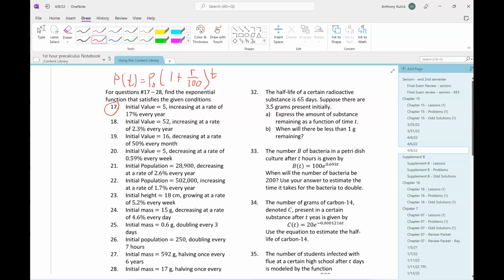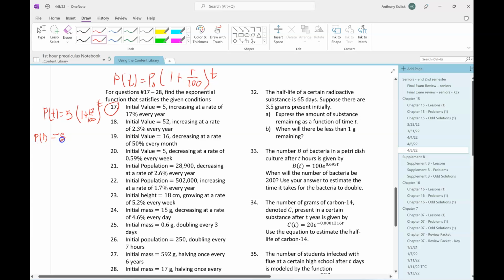Remember that P naught is the initial value, so that's going to be 5. R is the rate of change, so in this case that's 17. And then our independent variable is T. So if we wanted to simplify this down, 1 plus 17 over 100 is 1.17, and that's it. We're just writing equations.